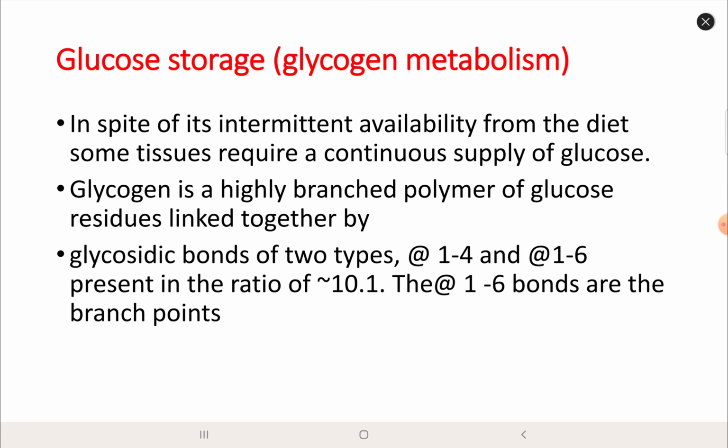How is this glycogen formed? Glycogen is a complex molecule that is formed from glucose. These glucose molecules are bound to each other by a glycosidic bond.